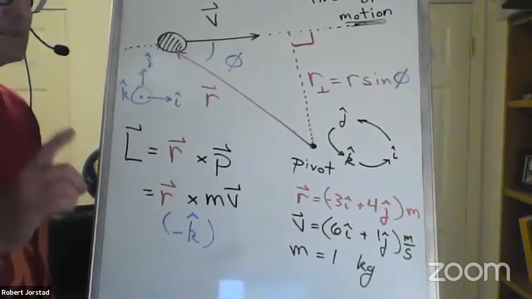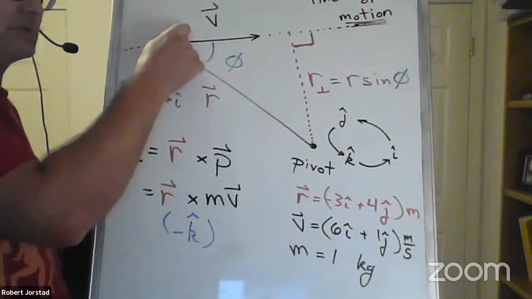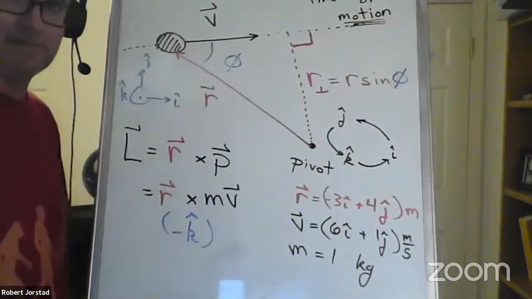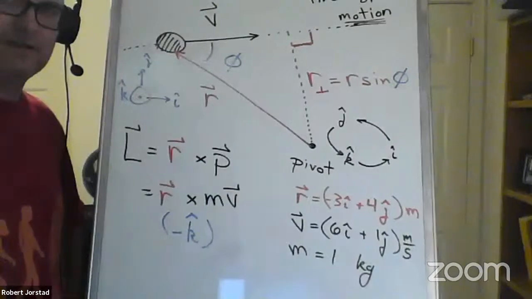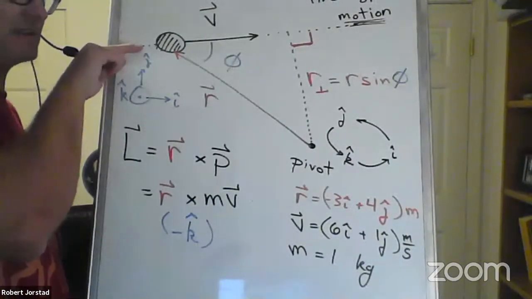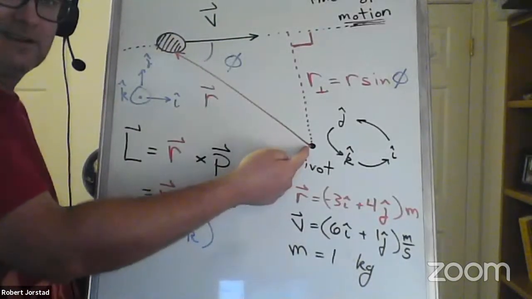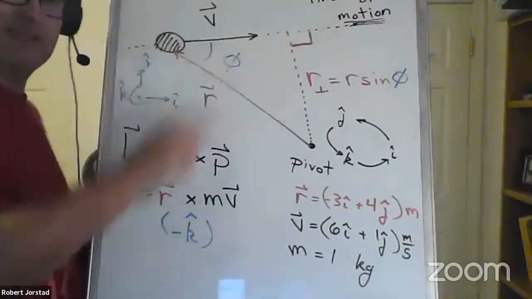Now, one of the things that's a little weird about this is: is this object rotating, or is it moving in a straight line? If we just shoot it out of a gun in space, there's no actual object here. This is just going to keep flying in a straight line.